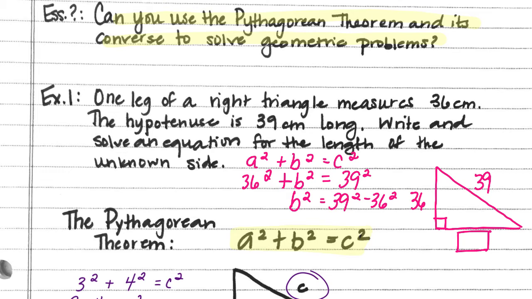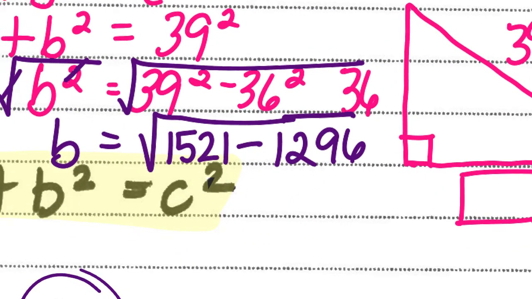And from there, I can take the square root to find an answer. So I know that b is equal to 39 squared, which is 1,521, minus 36 squared, which is 1,296.